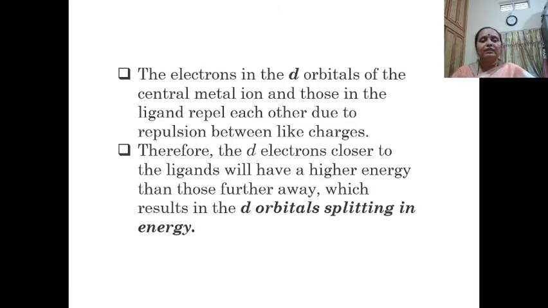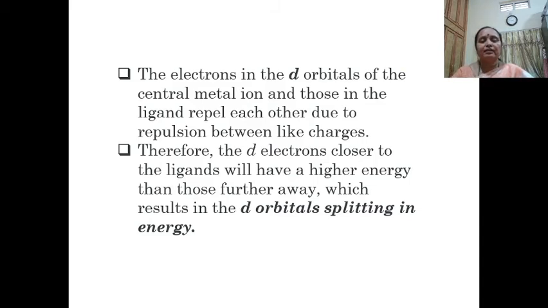The electrons in the d orbitals of the central metal ion and those in the ligand repel each other due to the repulsion between like charges. They repel each other because they have similar charges.